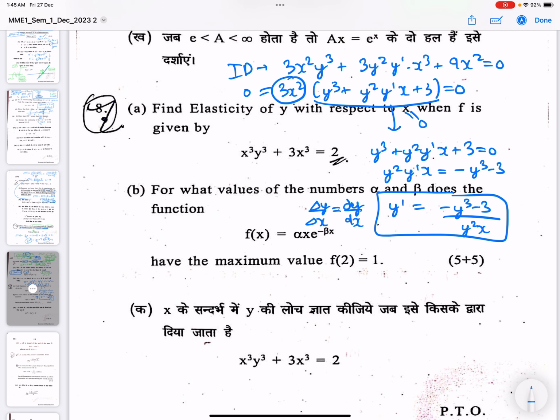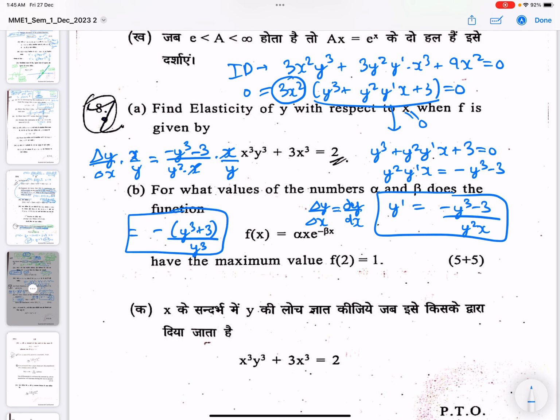So elasticity is change in y by change in x into x by y. So this would be minus y cube minus 3 upon y square into x multiplied by x divided by y. X cancels out. So we have minus y cube plus 3 upon y cube. So elasticity would be given by this.